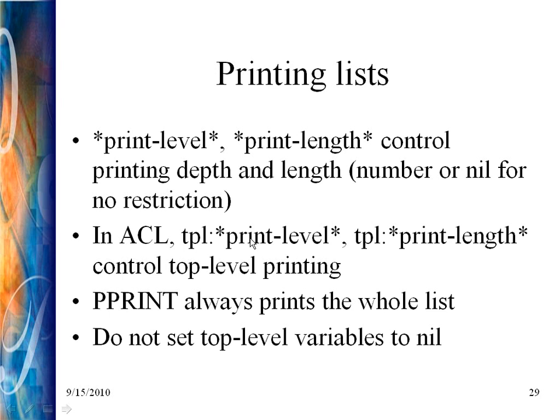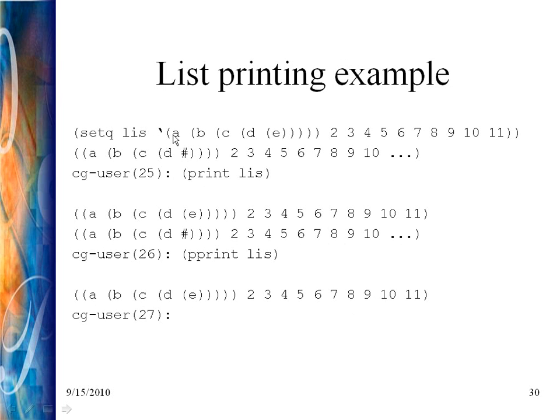By the way, typically when you're reading a variable that has stars on the end, you just give the name and don't bother with the stars. But since you can see the slides, I just refer to these as print level and print length. So let's see what this is doing.